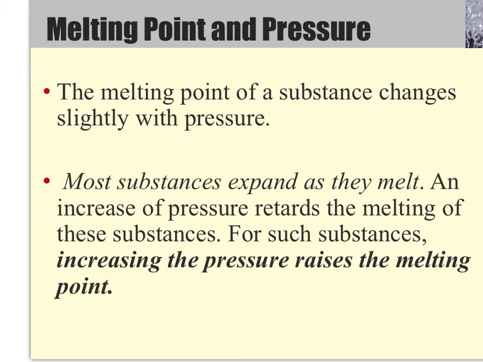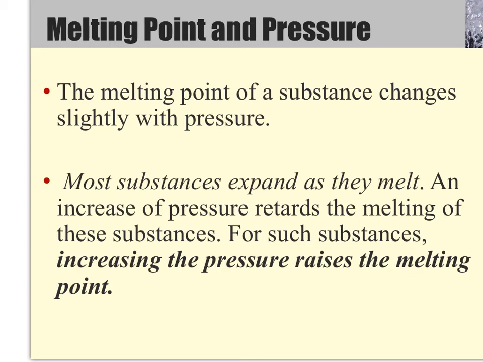As I said in the beginning of this PowerPoint, the phase that a particular substance is in depends on both pressure and temperature. And so you will alter both the melting point and boiling point of a substance by adjusting the pressure. Just an interesting little piece of information, and it kind of makes sense, right? Most substances will expand just a little bit as they go from the solid to the liquid. Water is an anomaly.